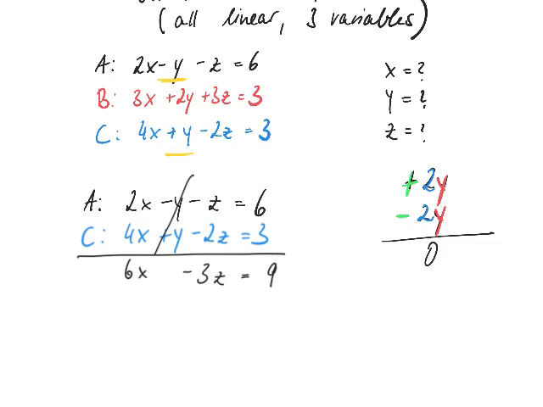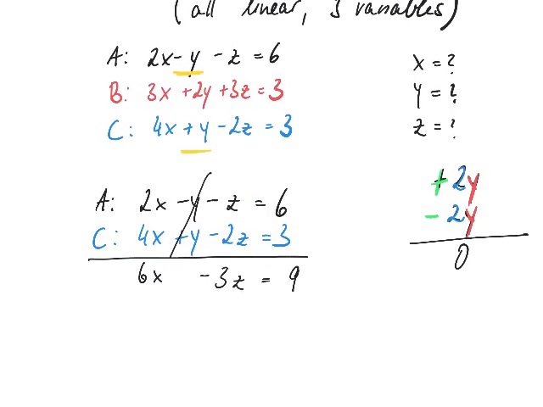Now I have to do that again. I need to get a second equation, and I also need to eliminate the y. I think another good one would be the A against the B. But as you can see, I have plus 2y in B, but in A I only have a minus y.